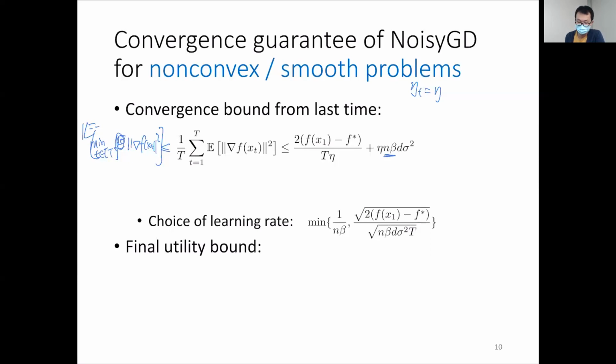And similarly, it goes for the learning rate. When we choose this learning rate to be something that depends on this n beta, then we can replace that with the actual smoothness parameter that this f satisfies. In some cases, these are data dependent quantities.